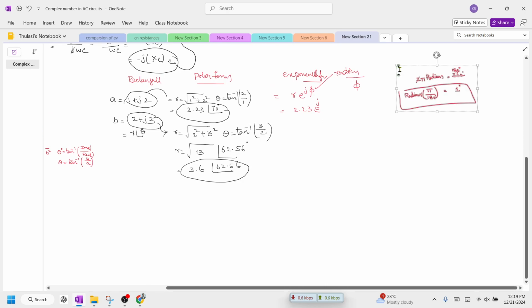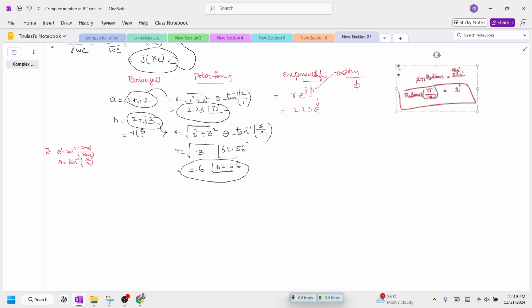Already I told you 2 pi radians is equal to 360 degrees. So 1 degree can be represented by multiplying with pi by 180. So here we already got 70 degrees, but I don't want it in degrees.